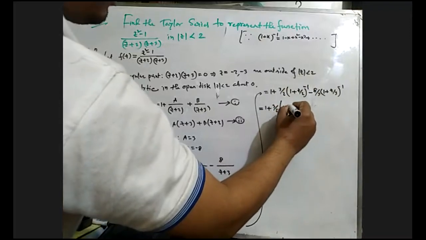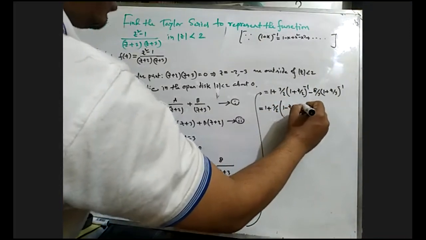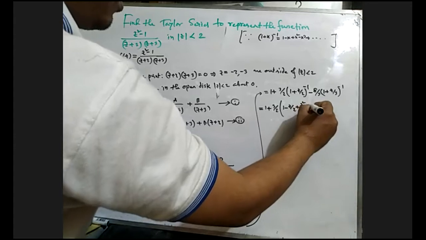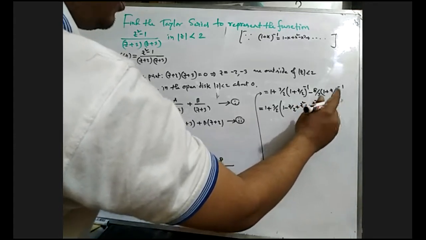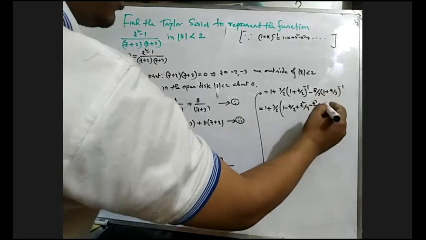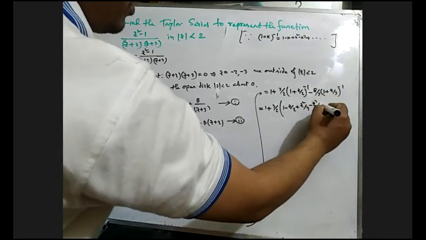So 1 minus z by 2 plus z square by 4 minus z cube by 8 plus dot dot.